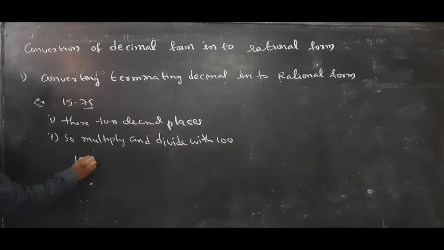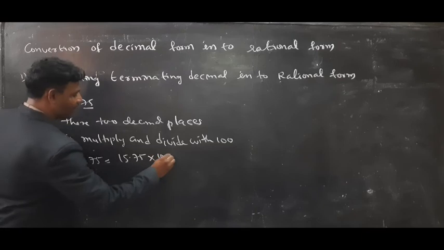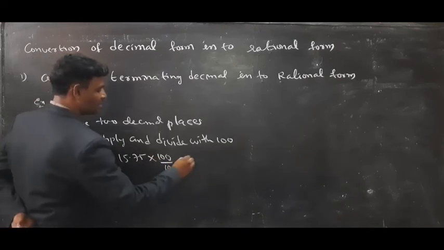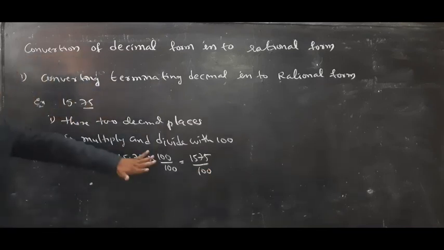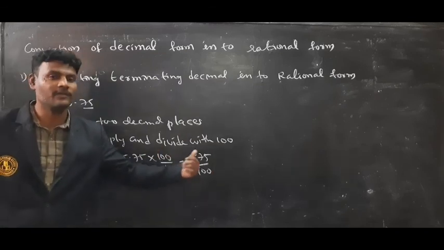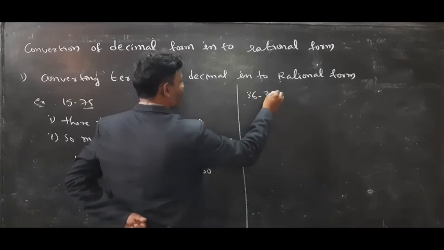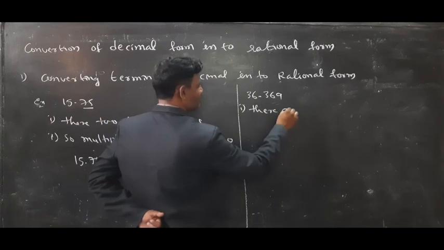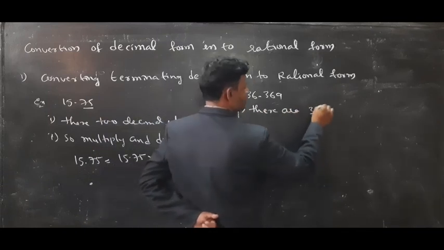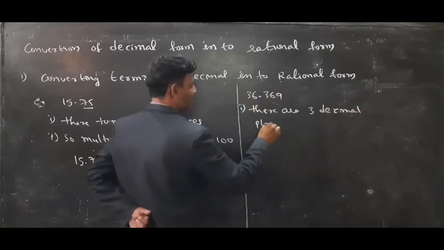It means 15.75 is equal to 15.75 into 100 by 100. It means 1575 by 100. So the rational form of 15.75 is 1575 by 100. For example, next, 36.369. There are three decimal places.